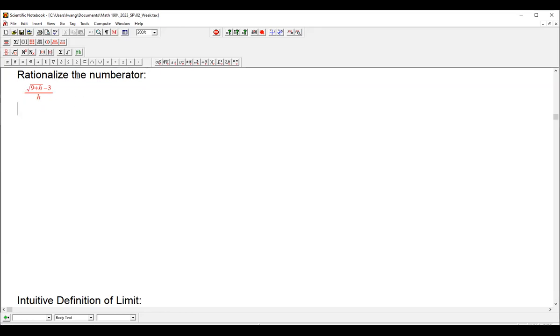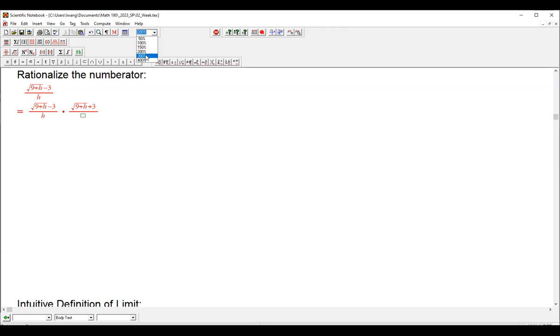When we rationalize the numerator, one of the techniques we use when a radical is present is that we're going to multiply by the conjugate of the numerator. Here the numerator has a radical, so the conjugate of root minus 3 is root plus 3.